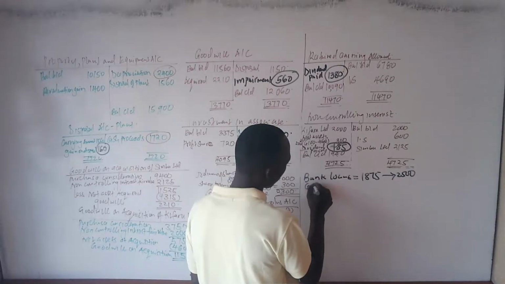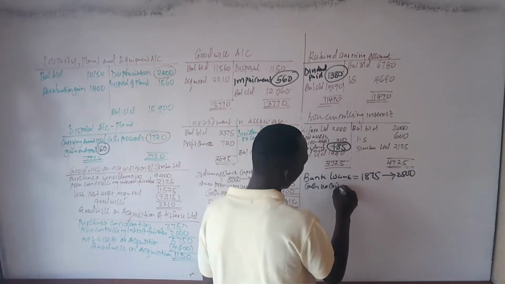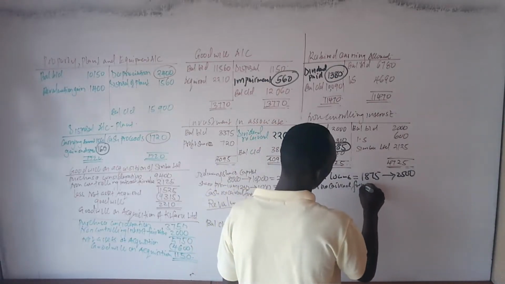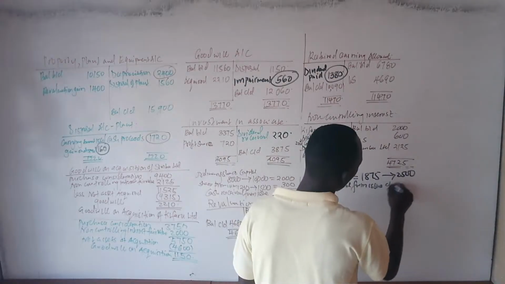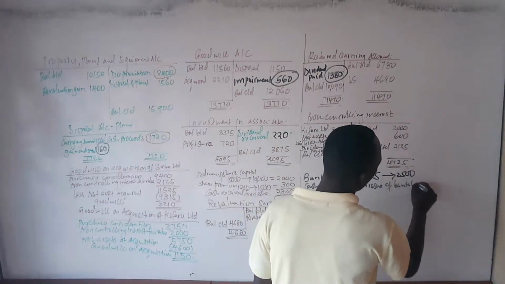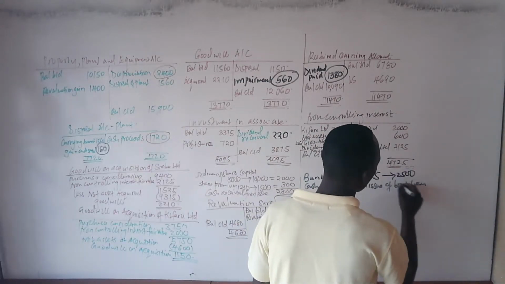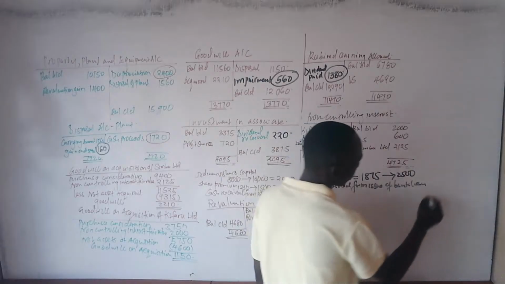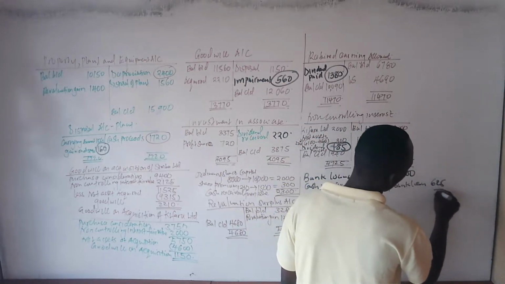Cash received of 625 from the issue of bank loan. The difference, 625. What else?